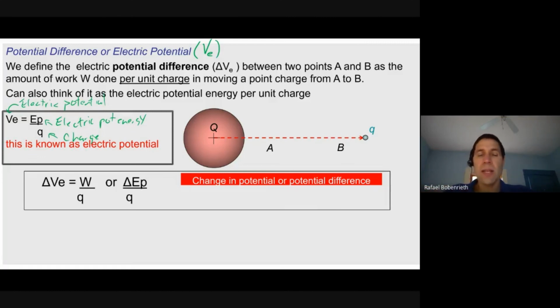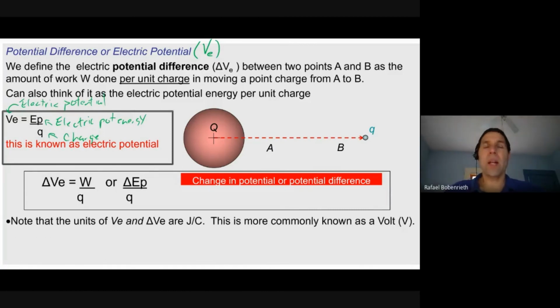One day I paid $2, the next day I paid $4. But the electric potential or the potential difference can be thought of as being the cost of apples per pound. So it's always $2 per pound. Let's say, for example, moving from A to B, and it's just a question of how many pounds of apples you're buying, or the amount of charge that you're moving. Okay, that may be one way that could help you. Think of it as a cost per unit charge, or per unit apple, right? Electric potential difference, electric potential, is the work or the electric potential energy per unit charge.